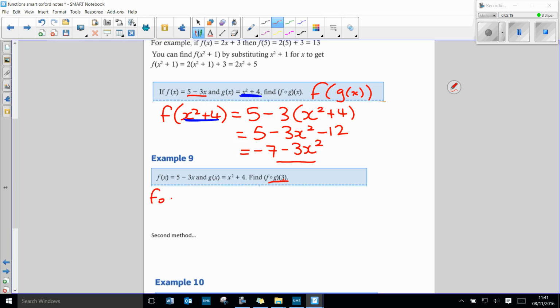So if we were finding f∘g(3), having done the question up above, we can just say it's negative 7 minus 3 lots of 3 squared, because we have that expression. So it's negative 7 minus 3 times 9, negative 7 minus 27, which is negative 34.